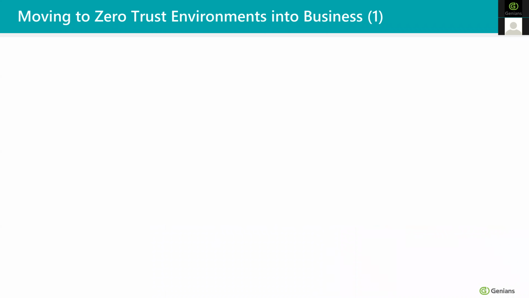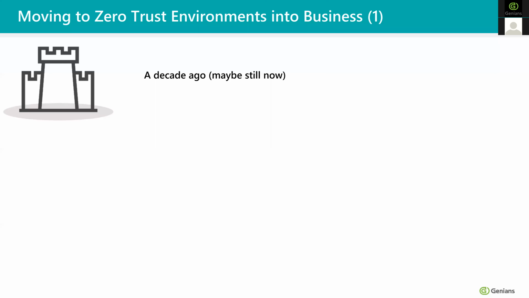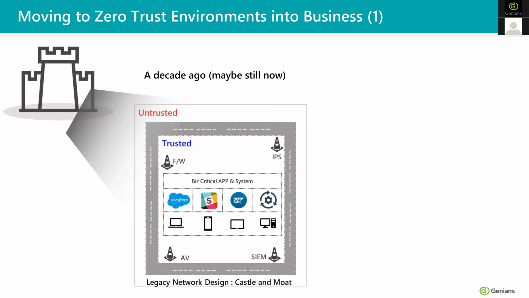Before finding the best way, let's look into our business environment first. I put up the image of our legacy diagram, called castle and moat. I believe that there are still many companies maintaining this type of diagram. Under the castle and moat, it is very tough to access from outside to inside.